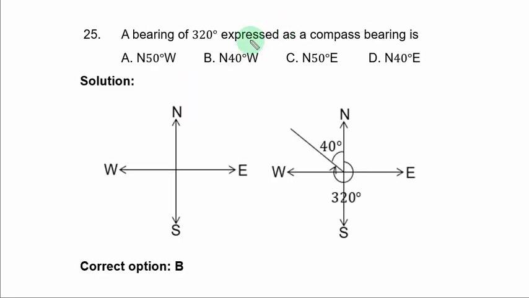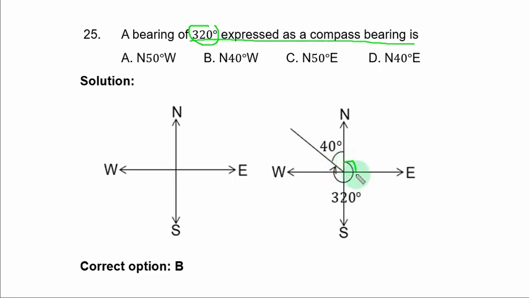Question 25. A bearing of 320 degrees expressed as a compass bearing is dash. This 320 is 3 digits. You convert it to compass or cardinal point bearing. So you have the 4 cardinal points. 320 is located in the 4th quadrant.